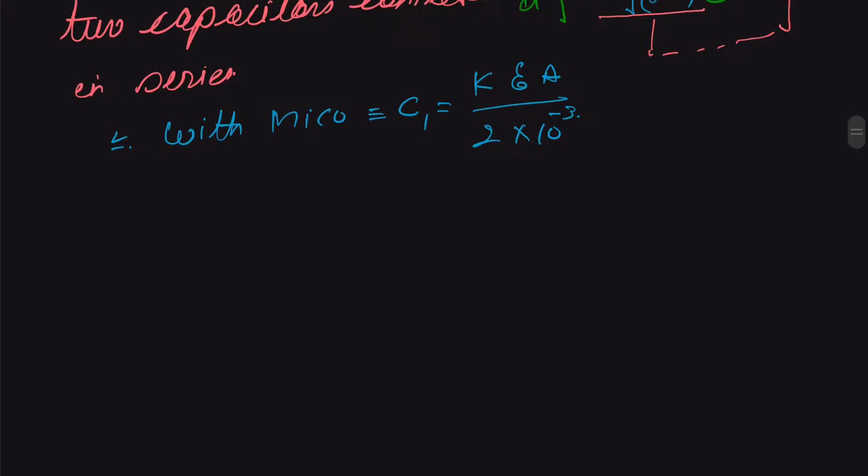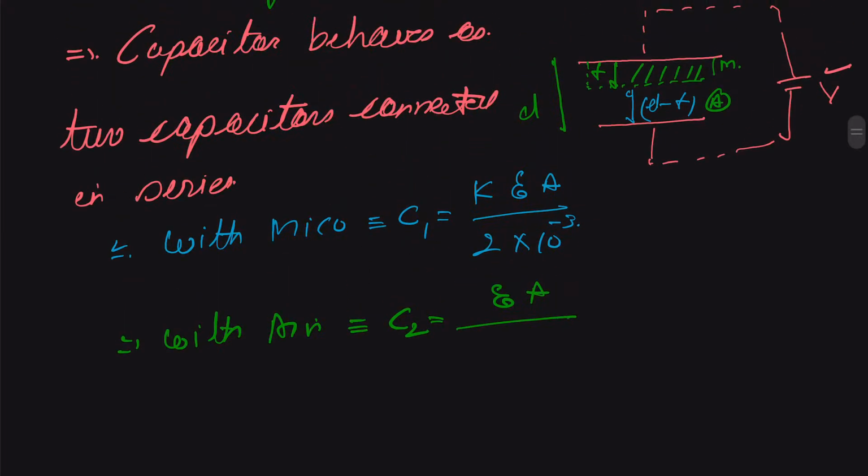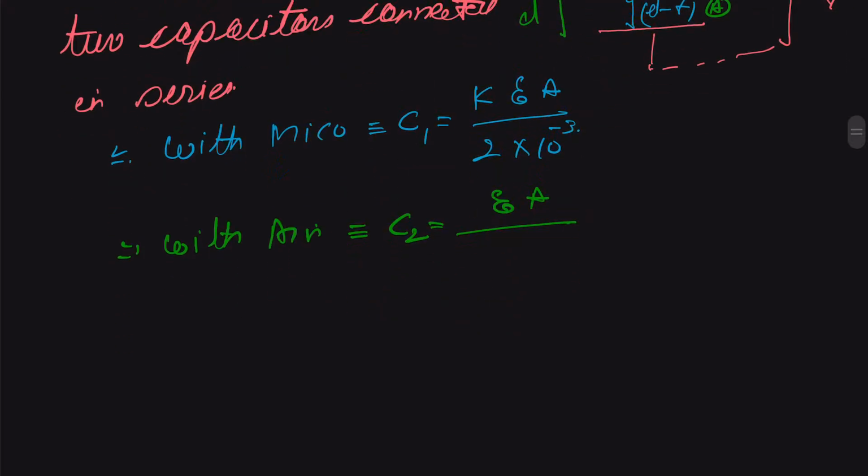And then the second one is with air as dielectric, and let us call this C2. In this case we could also use the dielectric constant, but we know the dielectric constant K of air is 1, so there is no need to write it. So this comes as epsilon A upon D minus T, and that is 3 into 10 to the minus 3.